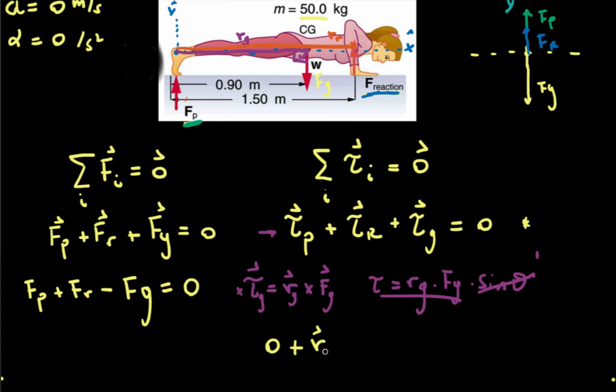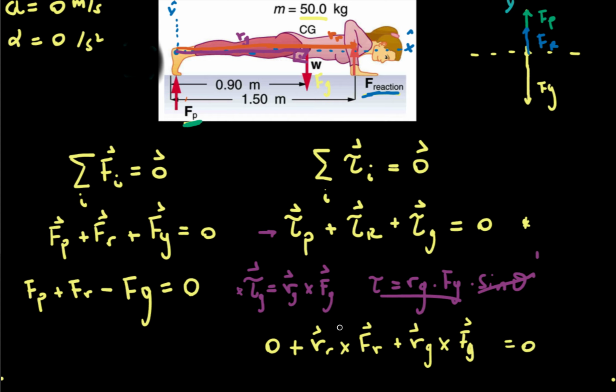It's R of the reaction force cross the force of reaction. Good. Plus the gravitational displacement vector multiplied by the force of gravity. This all needs to be 0.